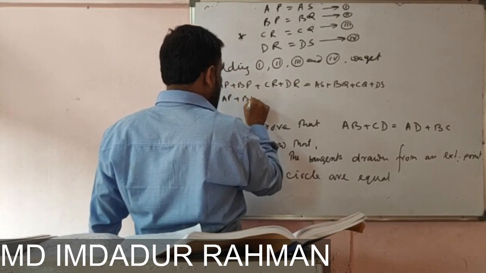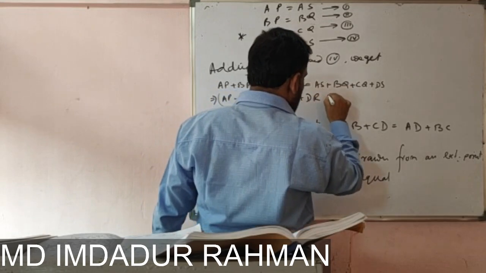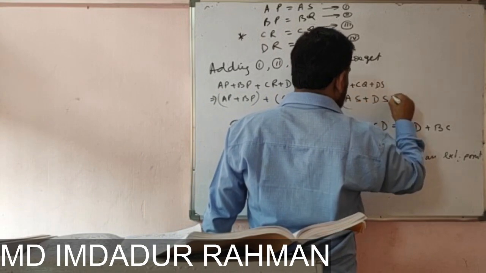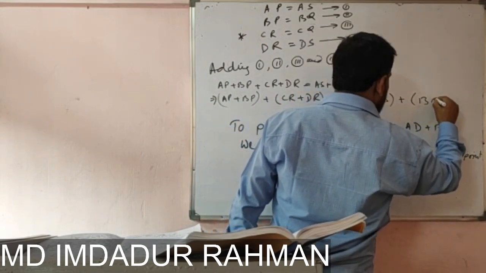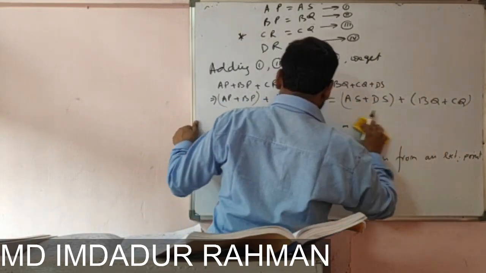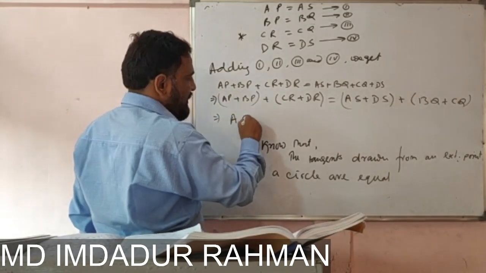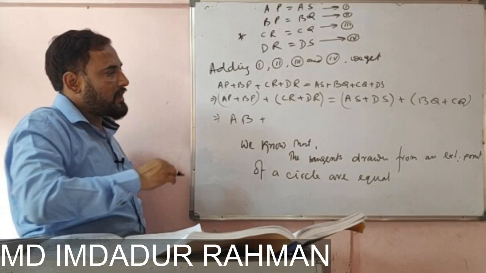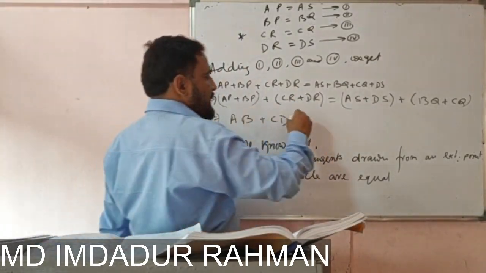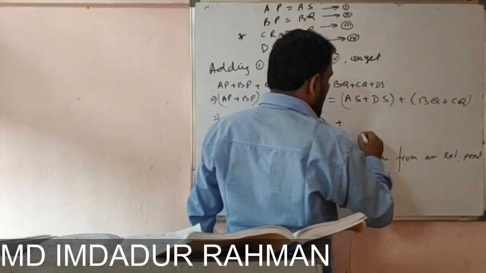AP plus BP, CR plus DR is equal to AS plus DS, here BQ plus CQ. Okay, I just forgot this one. Then AP plus BP is AB, CR plus DR is CD, is equal to AS plus DS, AD, and BQ plus CQ, BC.